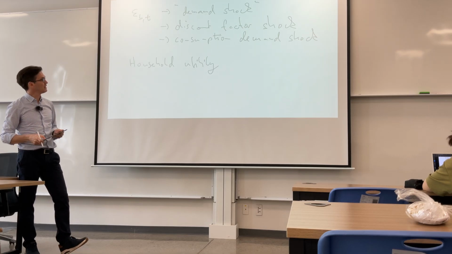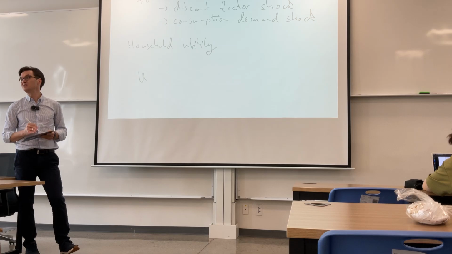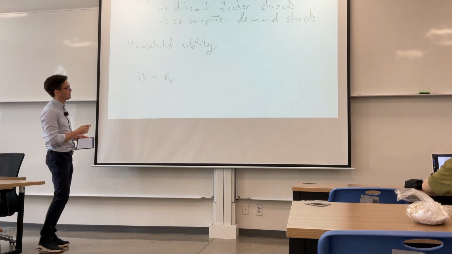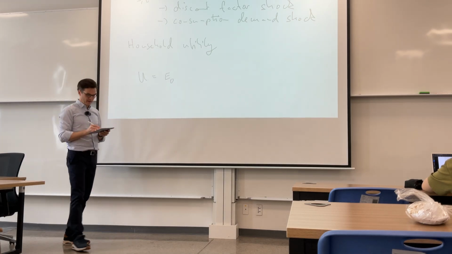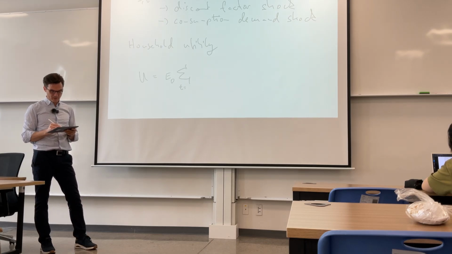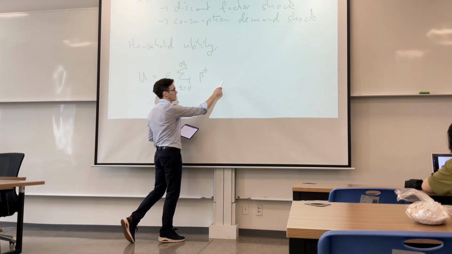One way to think about this is that suppose you are computing the present value of utility in this economy, which is equal to the expectation in period 0 of the sum over t equals 0 to infinity of the present value utility of households. I'm leaving some space here on purpose.